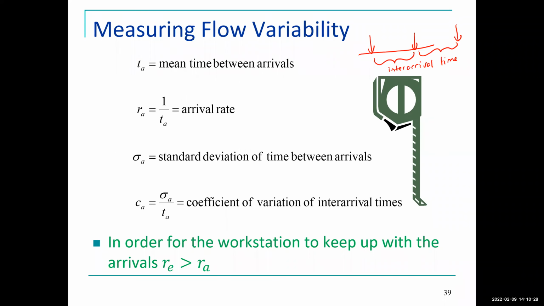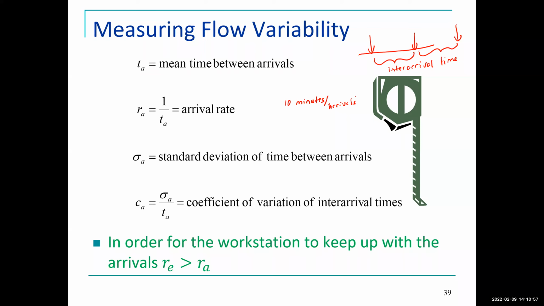Then the arrival rate is going to be 1 over that. Okay, so if you have, let's say, 10 minutes, this is 10 minutes per arrival, interarrival time.